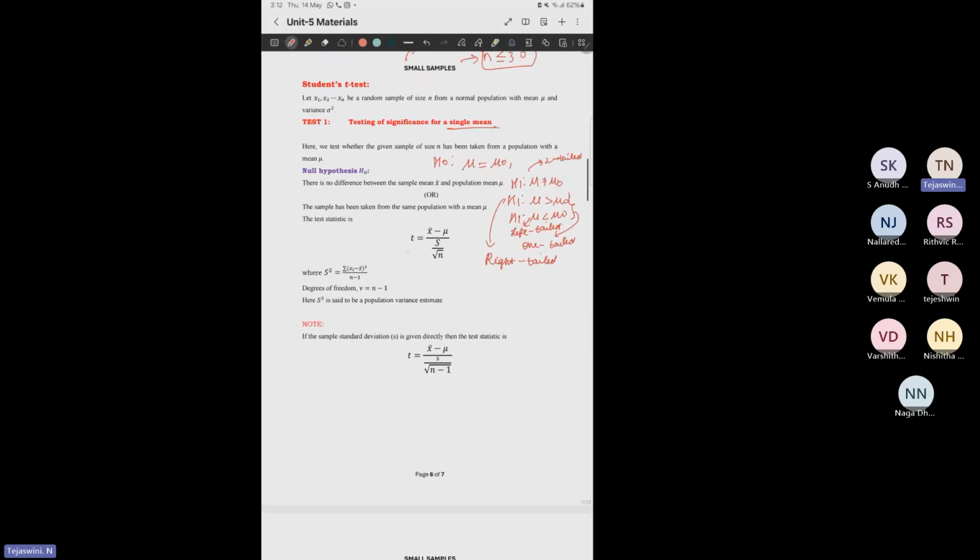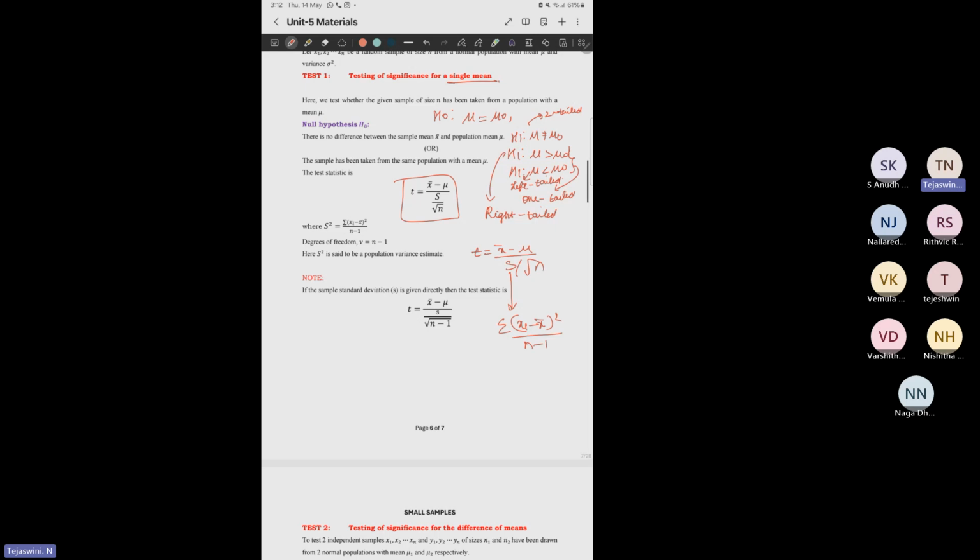So the formula for single mean is this: T is equal to x bar minus mu by s by root n, where s can be written as the square root of sigma of x i minus x bar the whole square by n minus 1. Here x bar is the sample mean, mu is the population mean, and n is the sample size.